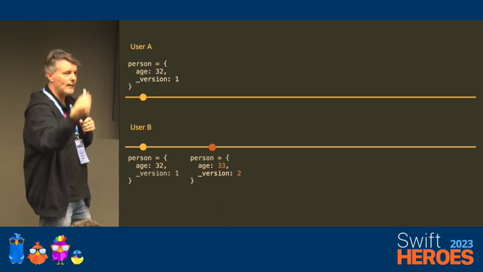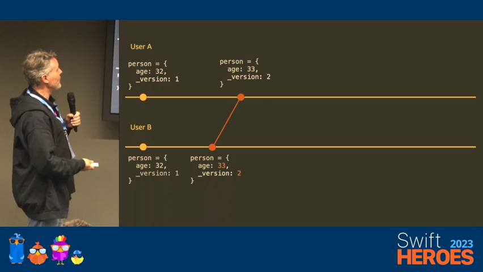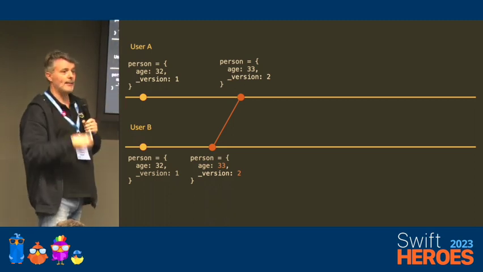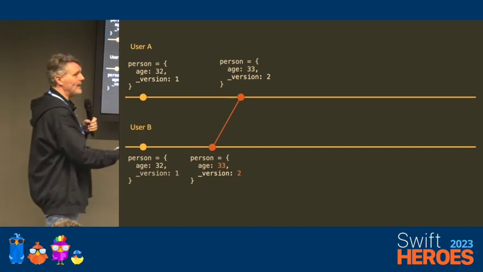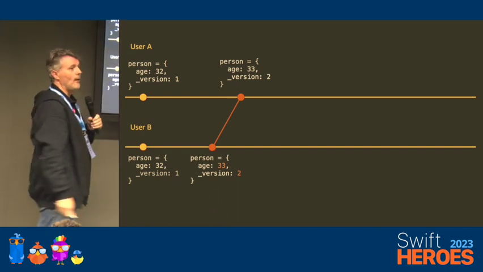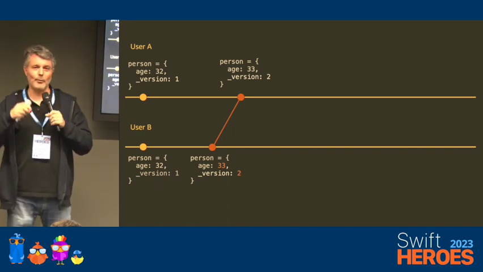So now in your backend, it's age 33 and version 2. And of course, user A receives a notification from that with the observe query API I was talking about. So automatically DataStore will download that new version for user A as well. So everything is perfect in both worlds right now.